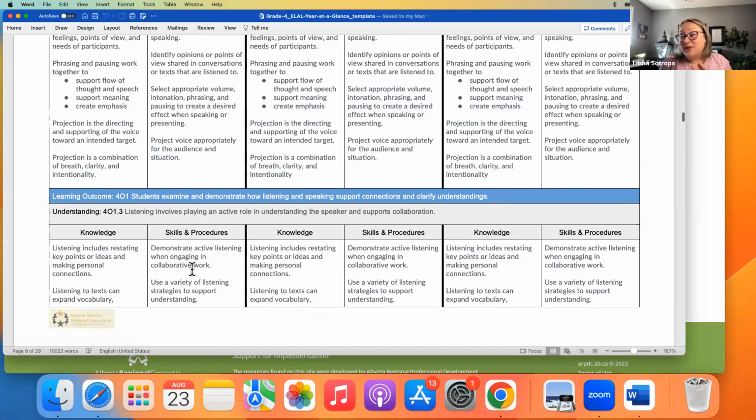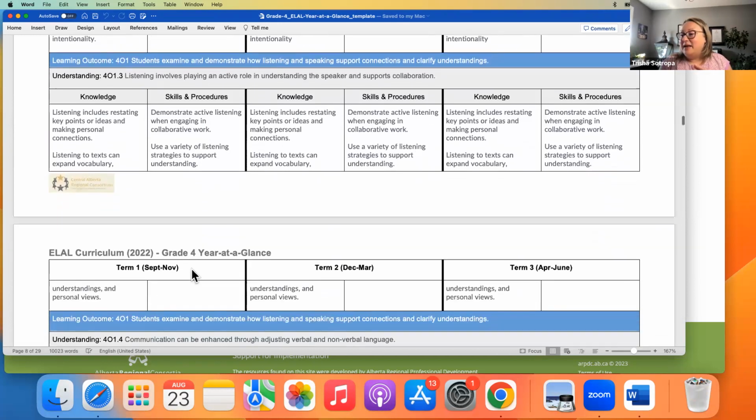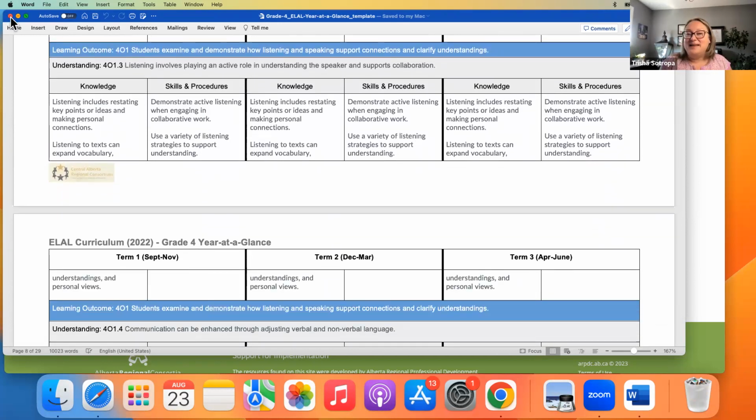So this is the one that's not highlighted. I think there's one that is highlighted too on that same page, but that's on the ARPDC resources site. And if you go to the year at a glance document, I know that some people in their year planning have chosen to print these out and do the highlighting for themselves, right?